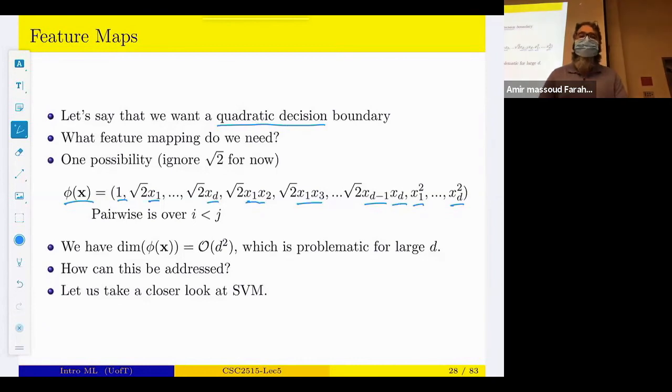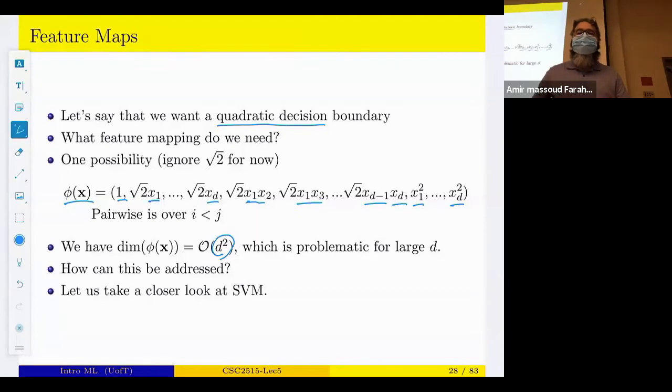I mean, that's why it's important. But the issue here is that the number of these features, the dimension of the feature space, becomes quite large. It becomes order of d squared. So if the dimension of the input is 2, that's okay. But if the dimension of input is like 100, then our feature mapping would be of order 10,000, which can be quite large.